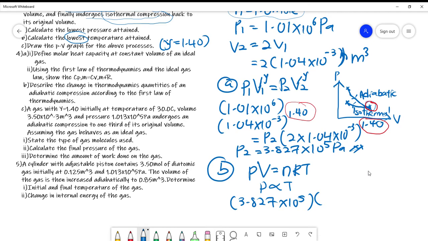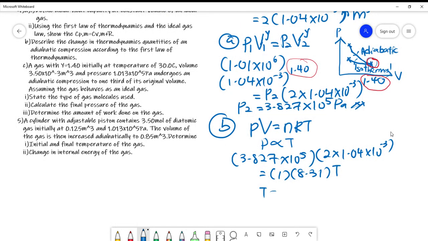My V2 is 2 times 1.04 times 10 to the power negative 3, equals 8.31 times my unknown T. So my T will be 3.827 times 10 to the power 5 times 2 times 1.04 times 10 to the power negative 3, divided by 8.31.